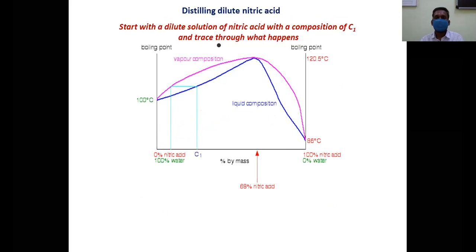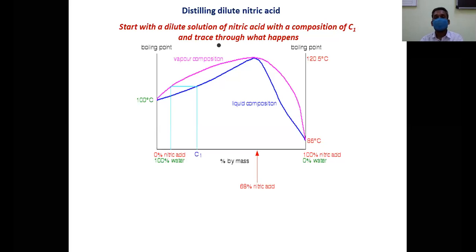Let me now give you a hint of how to use this curve for distillation processes. Now, example, first of all, what is dilute nitric acid? Dilute nitric acid is nothing but nitric acid solution made in water. So dilute nitric acid is an example of a solution showing large negative deviation from Raoult's law.